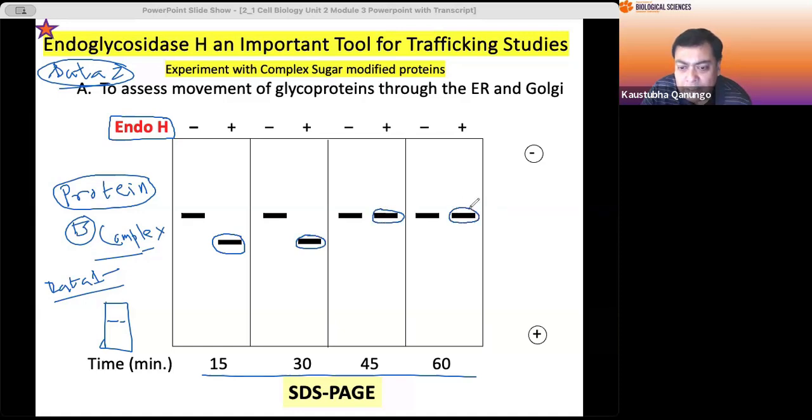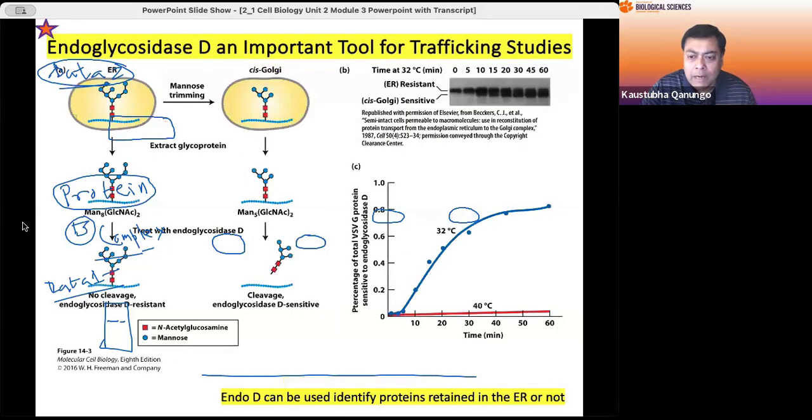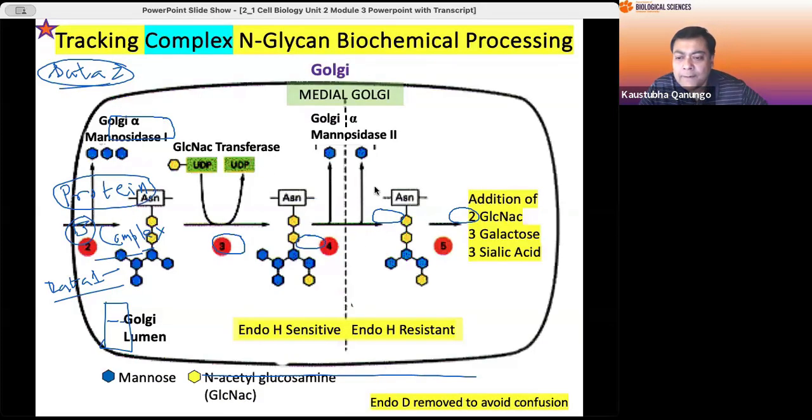Why is this happening? If you just look at the graph right here, when these proteins in the modification pass the medial Golgi, this is complex, it becomes EndoH resistant. Before that, they were EndoH sensitive, which tells you that the time point in between sensitivity and resistance is when the protein actually passed the medial Golgi.